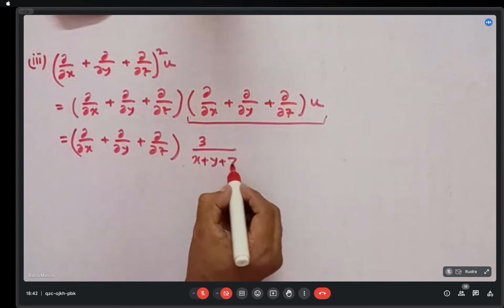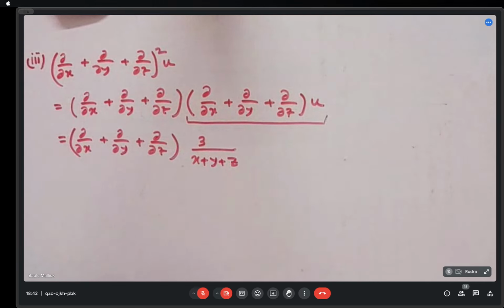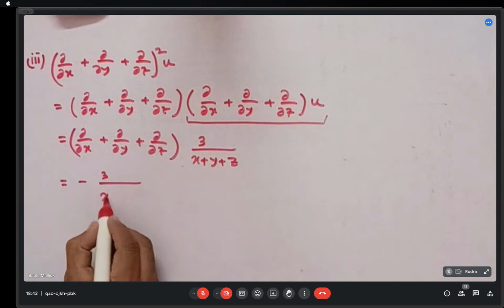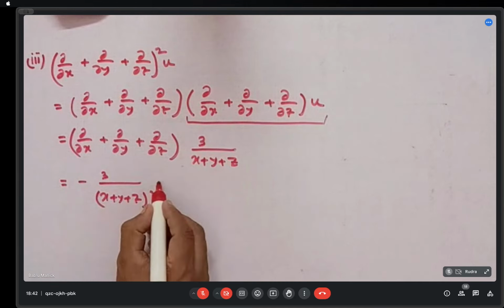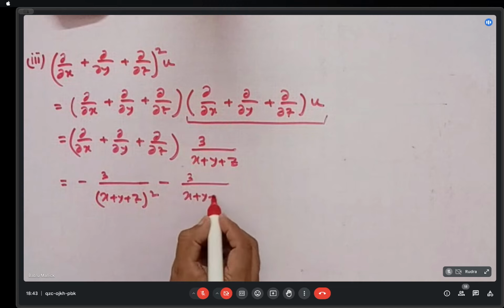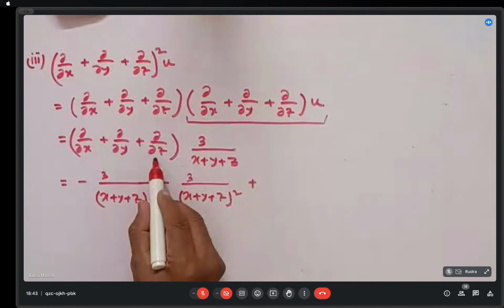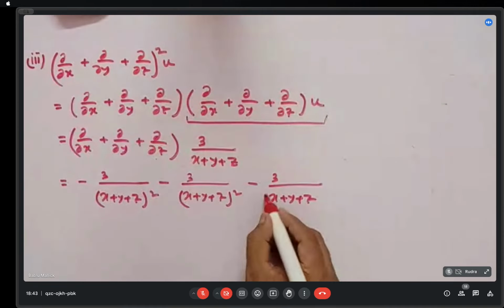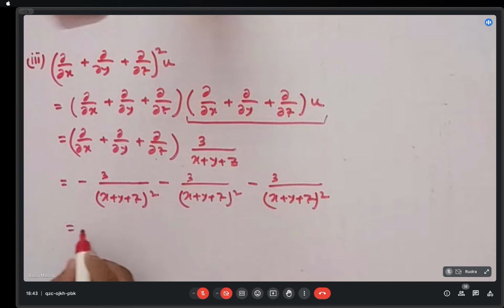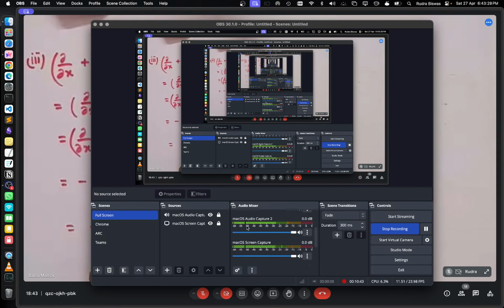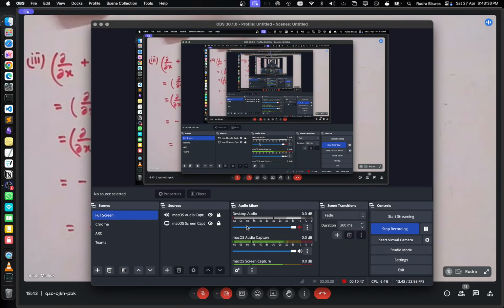So finally we are getting minus 9 divided by x plus y plus z whole square.